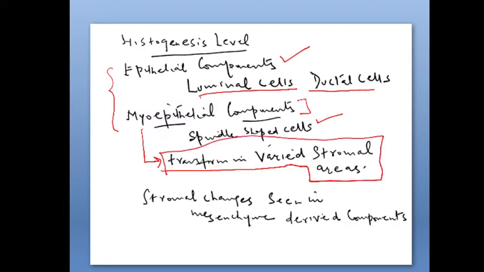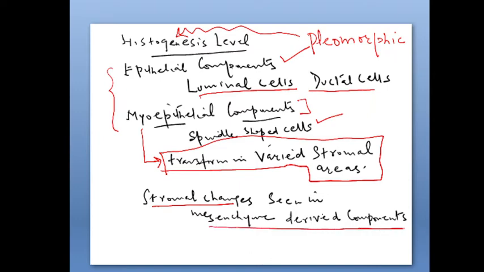So that is why here we use the term pleomorphic. Pleomorphic on the basis of its histogenesis. Also, these stromal changes are seen in mesenchyme derived components.